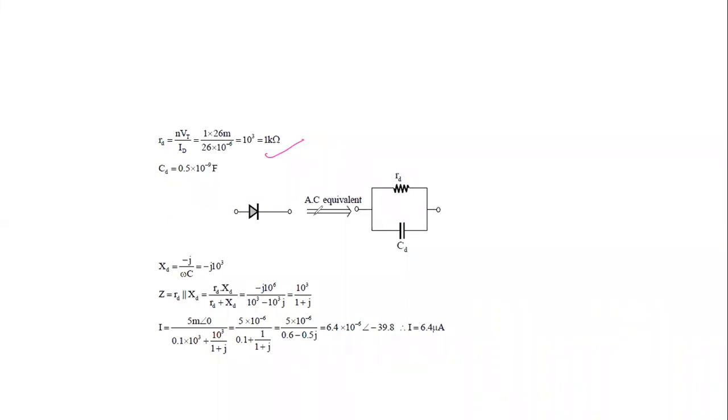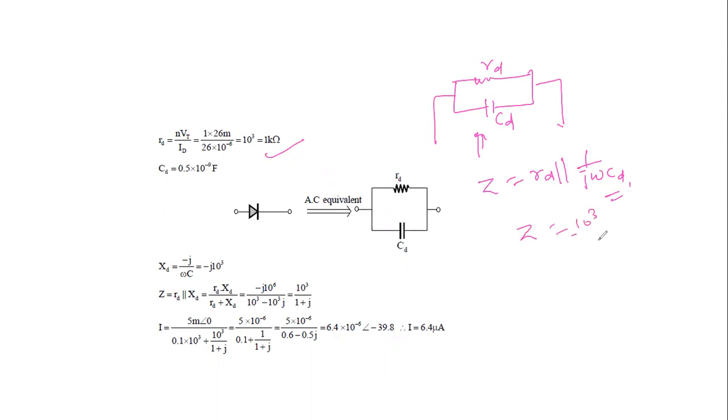Now the AC equivalent circuit becomes the internal resistance RD and the capacitance CD. What is the impedance Z? This is the AC equivalent. Z is the RD component in parallel with 1 upon j omega CD. After putting in all the values, you will find Z equal to 10 to the power 3 upon 1 plus j.